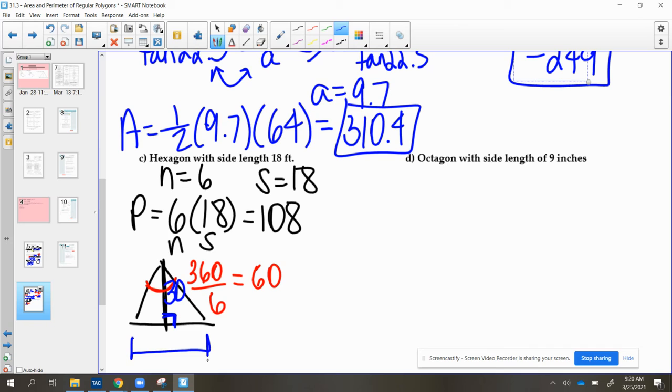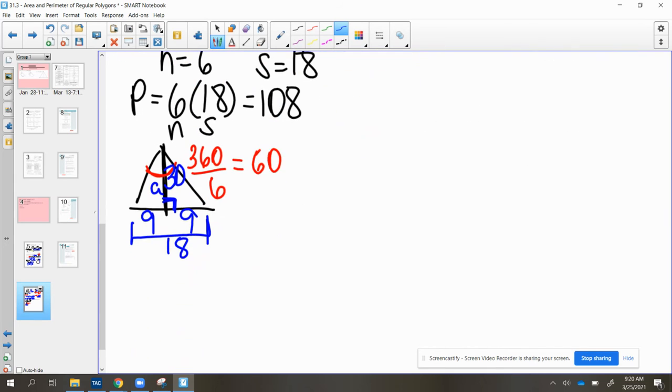Now our side length, we said from up above, is 18, which means each piece is 9. So as we try to find that apothem length, again, our buddy is tangent, okay? Tangent of 30 equals opposite over adjacent, right?